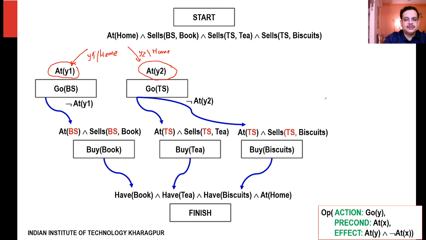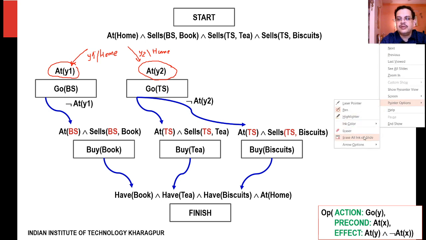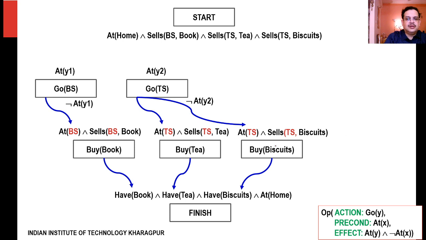Observe here. Let me remove the ink annotations. See here, I had this y1 which is uninstantiated, and then when I use this action at some point of time and instantiate this y1 to home, at that point this becomes replaced by home, so then it becomes not at home.